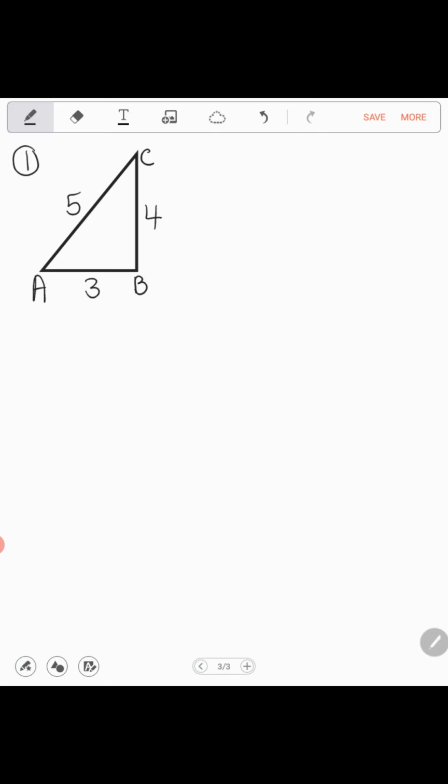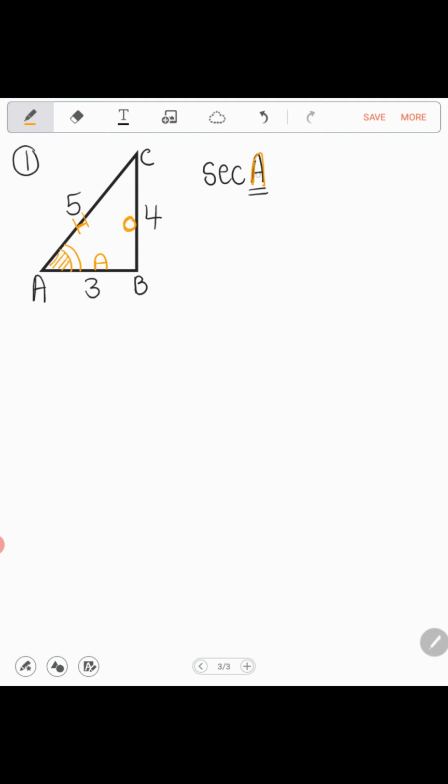So if I said to you, what is the sec of angle A? Well, the first thing we need to do is name the sides for angle A. So here in the orange, this would be the opposite. This would be the adjacent, and then the 5 would be the hypotenuse.